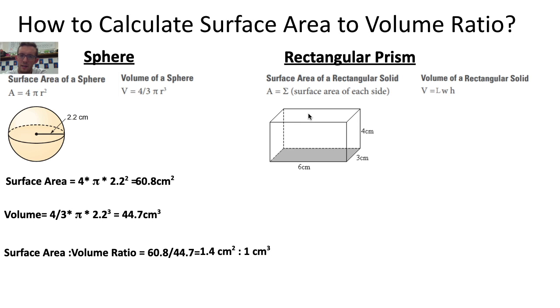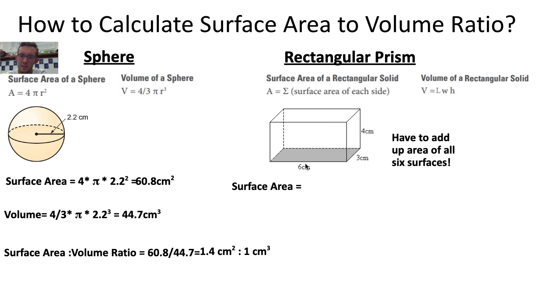Now, if we want to calculate the surface area to volume ratio for the rectangular prism, we're also given the formulas for surface area and volume. This formula looks a little complicated with this sigma Greek letter here. But all it simply means is that you add up, take the sum, of the surface areas of each of the 6 surfaces on the prism.